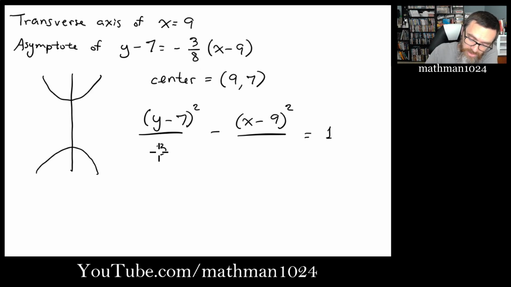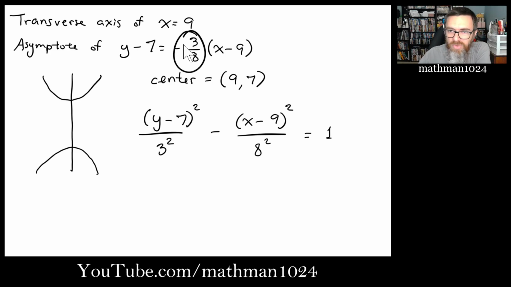So that means this is going to be 3 squared and this is going to be 8 squared, and we can just call it a day and say this is the equation of the hyperbola. But that wouldn't really tell the whole story, because we just know that this ratio right here reduces to 3 over 8. And without having another point, a vertex, or the focus, we don't really know. We just know that it's going to reduce to that.